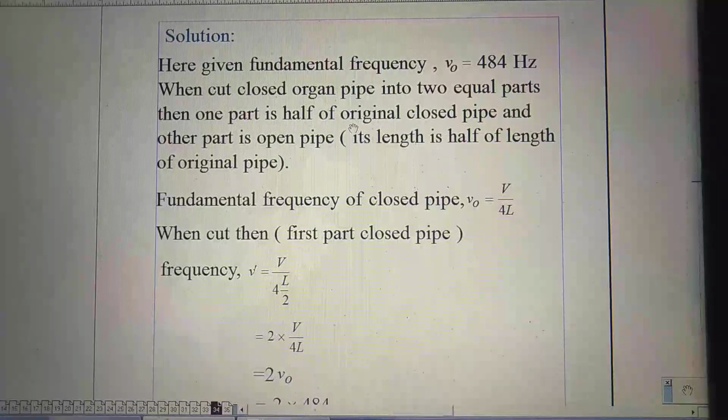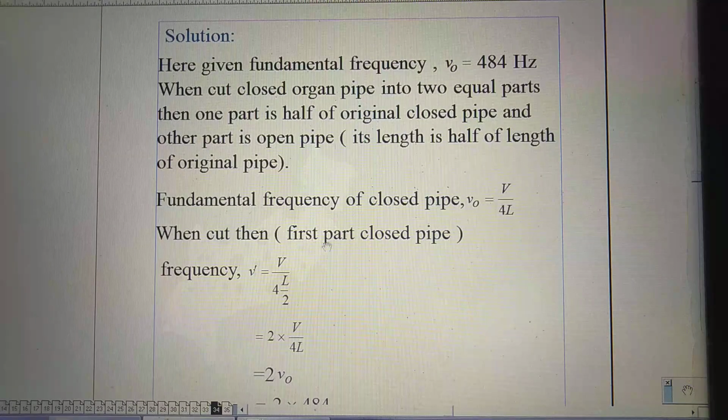So here the fundamental frequency is already given, that is 484 Hz. When we cut this closed organ pipe into two equal parts, one part will act as a closed pipe of half length, and the other part will act as an open pipe of half the length of the original closed pipe. We know the fundamental frequency of a closed pipe, nu naught, equals v by 4L.